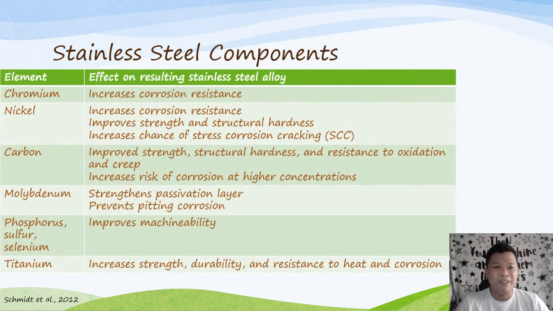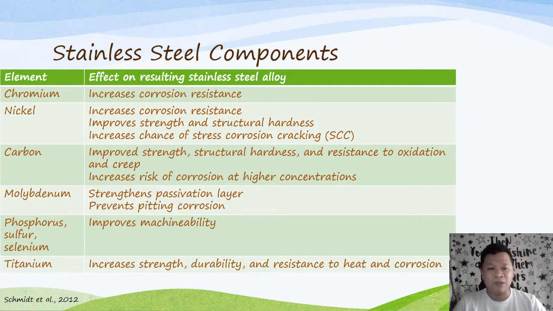So here's just a brief rundown, no, ng mga silbi ng mga elements na ito sa stainless steel. So chromium is primarily for corrosion resistance. Nickel does the same but also improves strength and structural hardness, though it increases the chance of corrosion cracking due to stress. Carbon is there to add strength and structural hardness and resistance to oxidation.